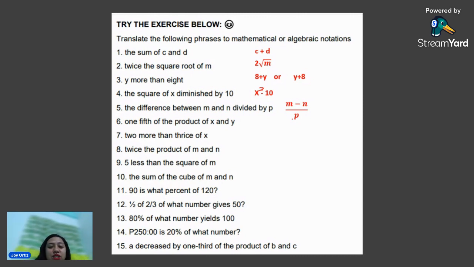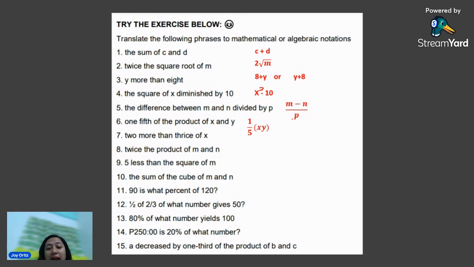How about number 6? 1/5 of the product of x and y. Okay, so this is the answer: 1/5 times the quantity of the product of x and y. How about number 7? 2 more than thrice of x.